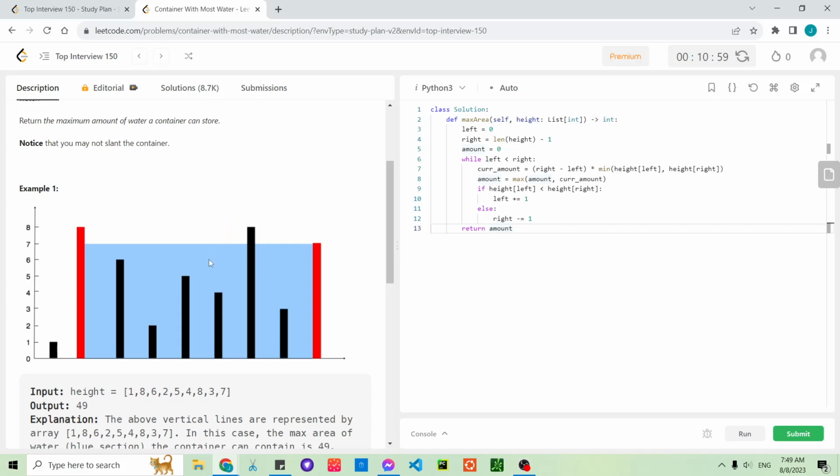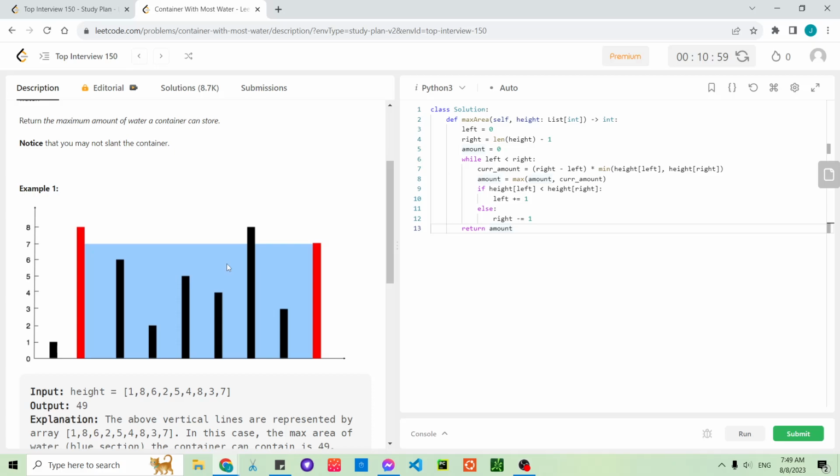And even if this one was taller, it will still be the same thing because the length in between will get shorter and the height we will use will still be one of those when we're just moving one of them. So no matter which one we move, we will still use the other one as height. Even in the best case scenario, when we have a longer one, if it's even shorter, then it's just no problem at all.